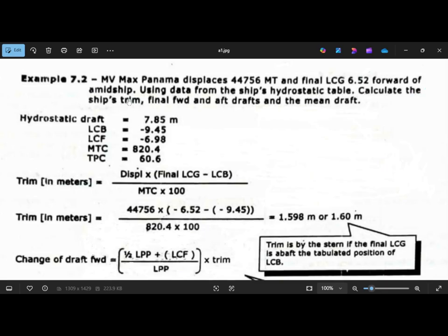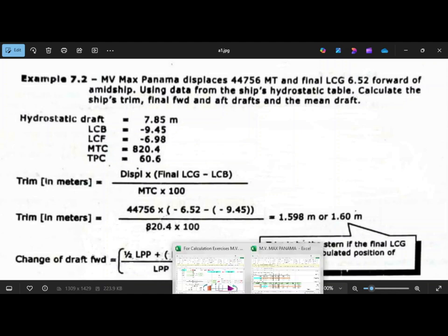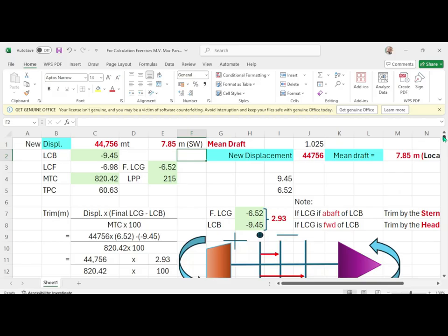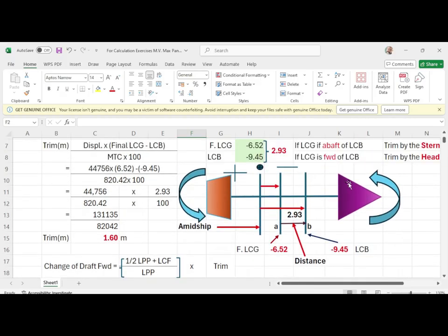So what do we mean by forward of midship? If this is your vessel and this is your midship, the right side will be your forward, and the left side will be your aft. So forward of midship means here. When forward of midship, the sign is negative; when you're aft of midship, it's positive.